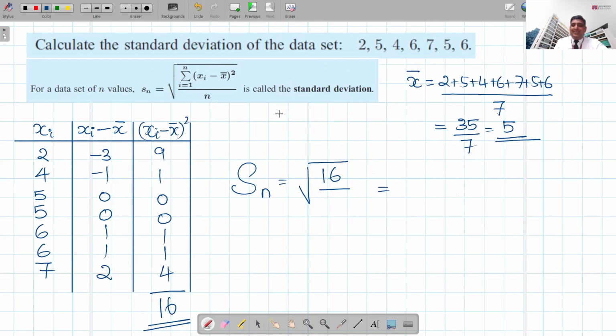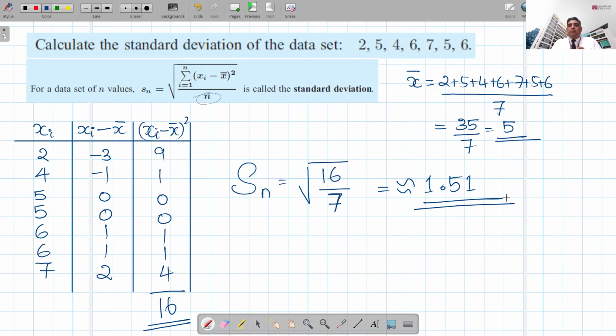Sorry guys, I divided it with mean. I misread the whole thing. Square root of 16 over n. So 16 over 7. This can also be written as 4 divided by square root of 7. So if you use a calculator, the approximate value is 1.51. That's what we get. This is how we calculate the standard deviation by hand. Okay?